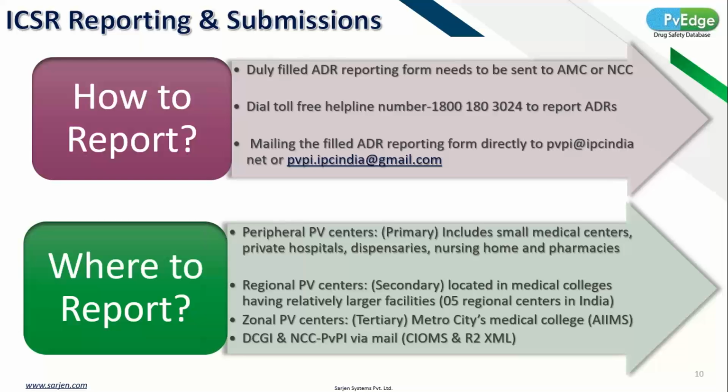They have been given the authority to collect the ADR data from various territories of India. There are 5 such regional centers established as of now in India. The zonal PV centers are the tertiary and major centers, which are medical colleges in the major metro cities, like AIIMS as a primary authority. They work on the final analysis of the data.